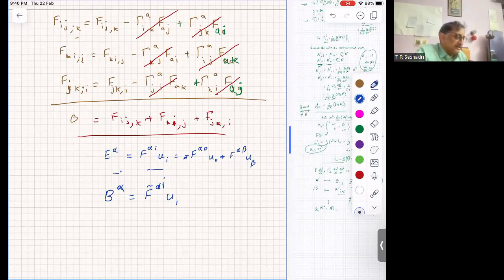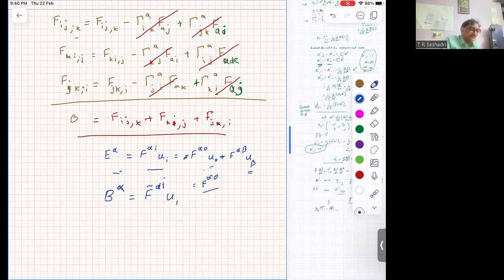When you have a frame which is not moving, which is static, then u^0 is 1 and u^beta is 0. So it boils down to F alpha 0, which is what you get in standard electrodynamics, that the zeroth column and row of F mu nu are the electric fields. Okay? Are you with me?